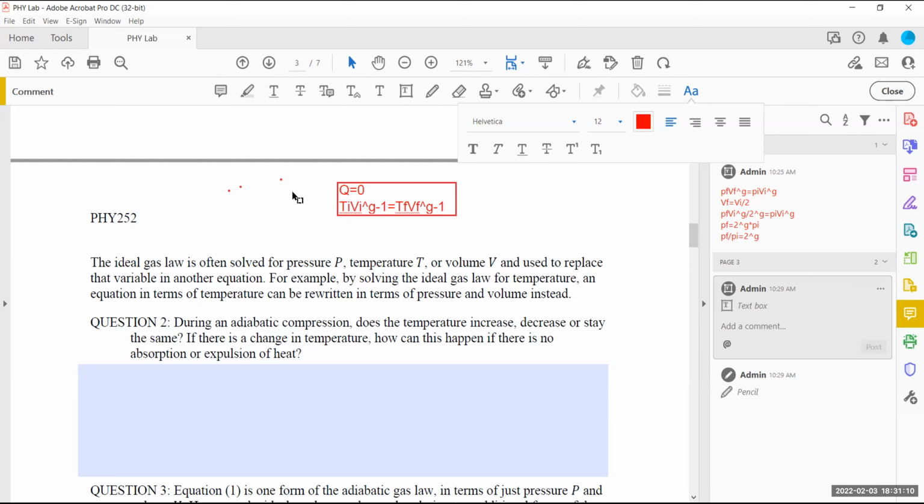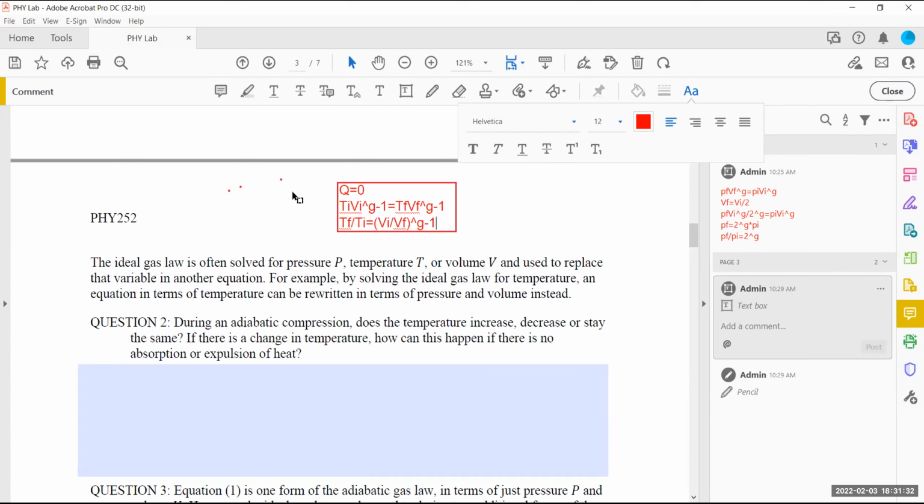In other words, this expression says that TF over TI is equal to the ratio of the volumes VI over VF to the power gamma minus 1.